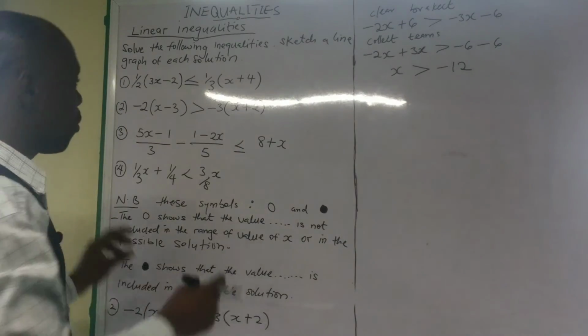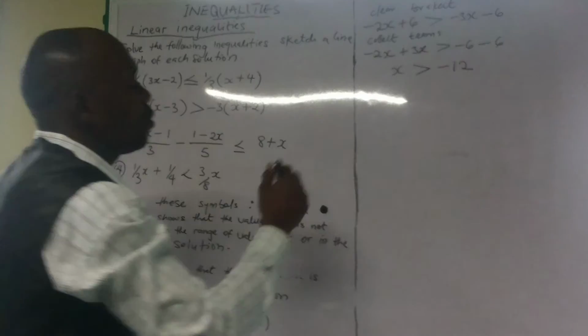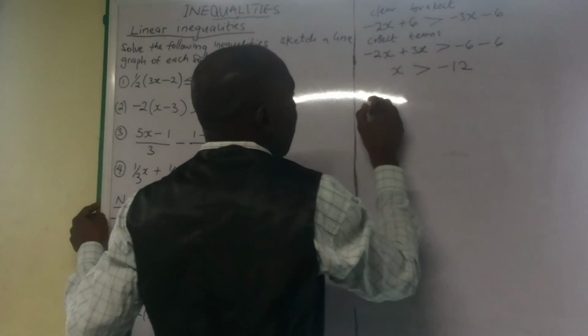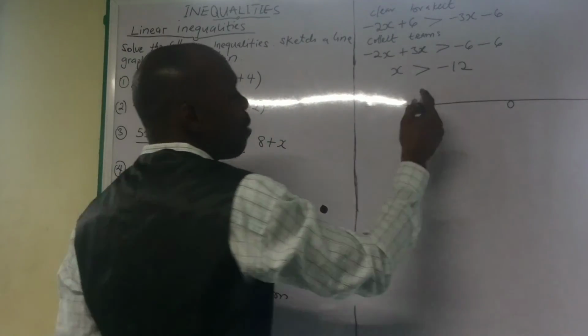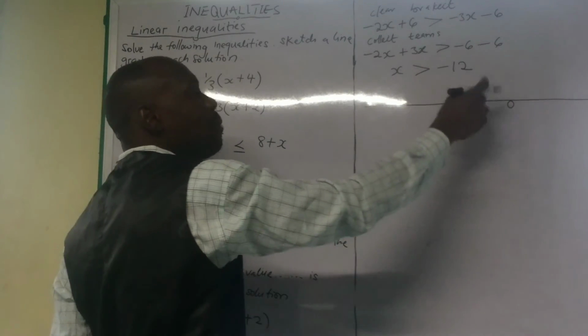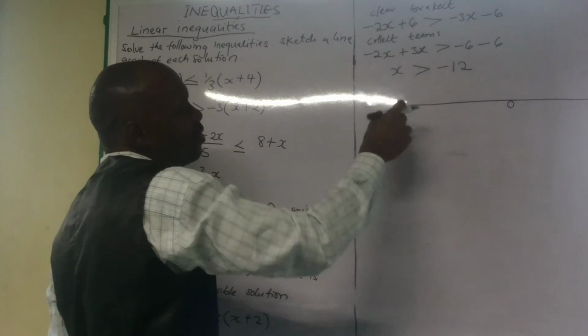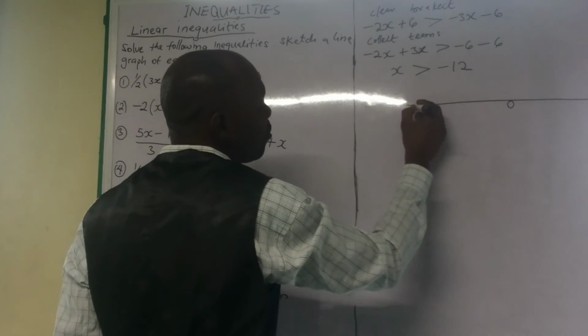So we now input it into the graph that we want to sketch. Mind you, let's put our 0 here. Anything from this side is positive, but anything from this side is negative. So let's say 1, 2, 3, 4, minus 1, minus 2, minus 3, minus 4, minus 5, minus 6, to minus 12, let's say our minus 12 is here.